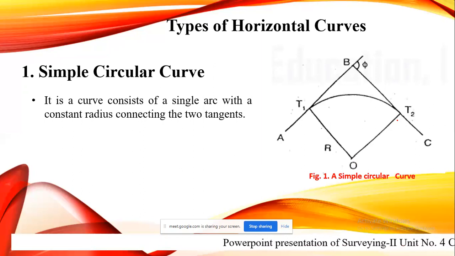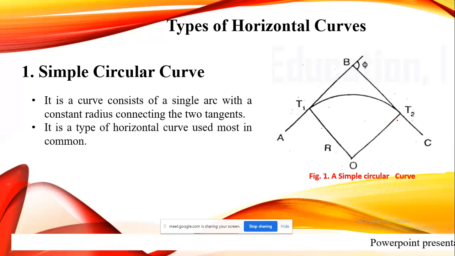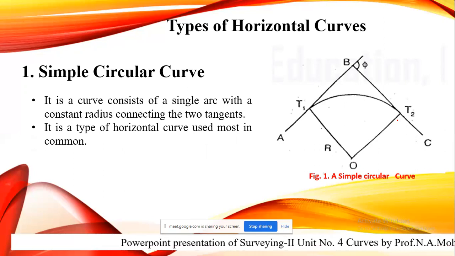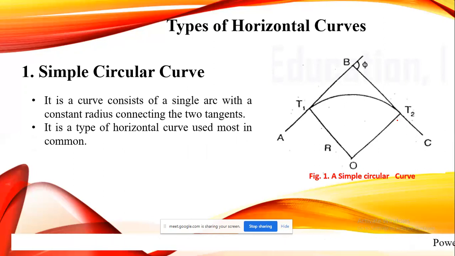Instead of calling it a simple circular curve, one can also call it a circular curve. This is the type of horizontal curve which is most commonly used. It is easy to design and to place, with respect to the distances from the common intersecting point.